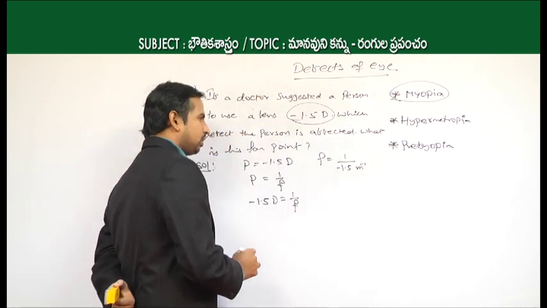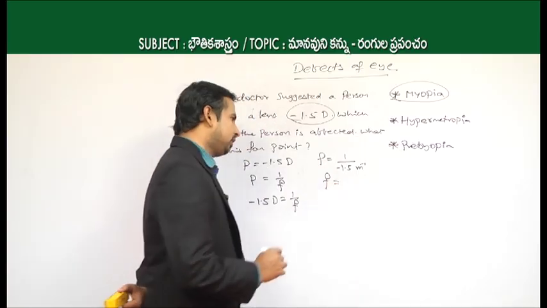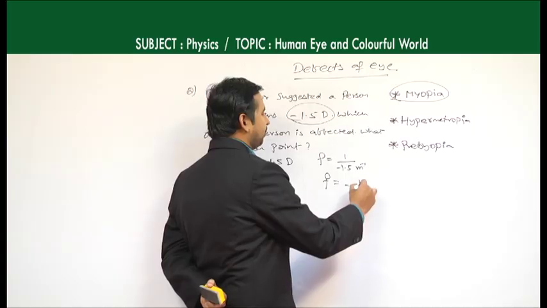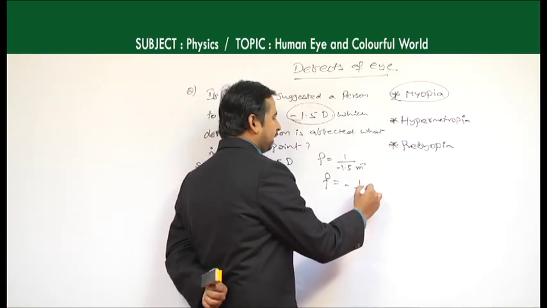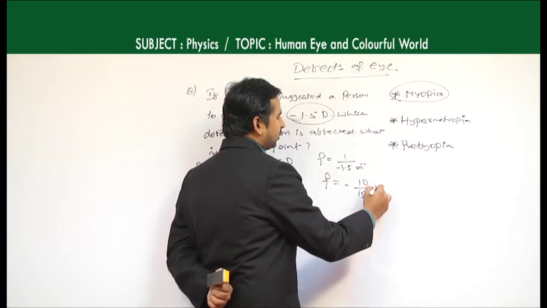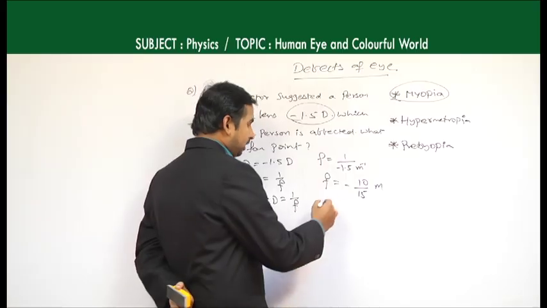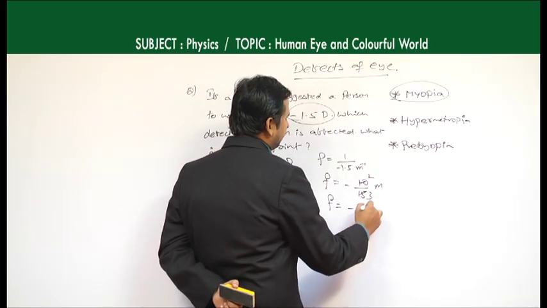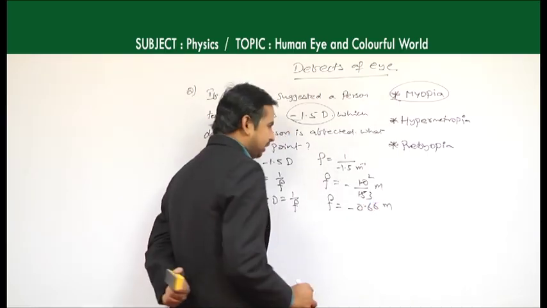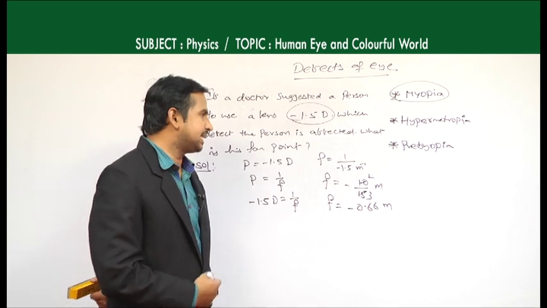Therefore, the focal length recommended here is minus of 1 by 1.5, which is 15 by 10, and meter inverse on coming to the numerator becomes meter. Then the focal length becomes f is equal to 0.66 meters.